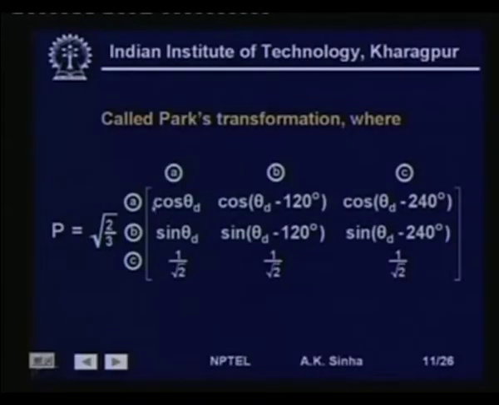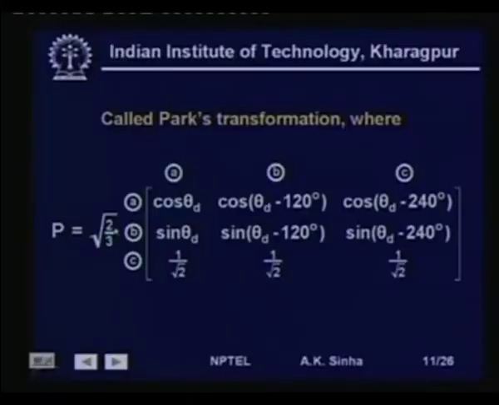The same magnetic circuit. Now, this transformation is written as P. In fact, this is somewhat a modified transformation, it is not the original Park's transformation. The advantage of this modified transformation is that it is an orthogonal transformation, which means the inverse of this matrix P is P transpose.